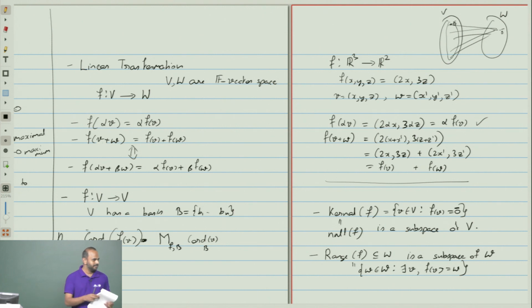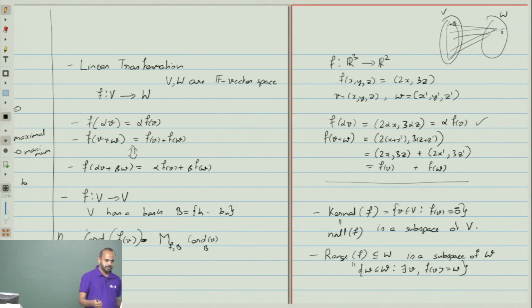Could you repeat the proof that the kernel is a subspace? There is only one way to prove that something is a subspace: take two vectors in that space, take a linear combination, and show that the linear combination is also in that same space. So, you take a vector v which belongs to the kernel of f, that means f of v equals 0. Take another vector w which belongs to the kernel of f, so f of w is also equal to 0. Now, you take the linear combination alpha times v plus beta times w.